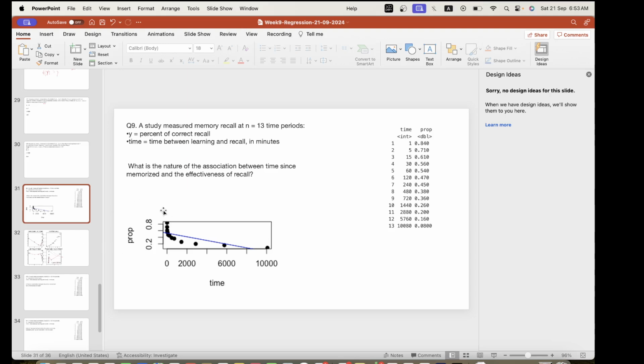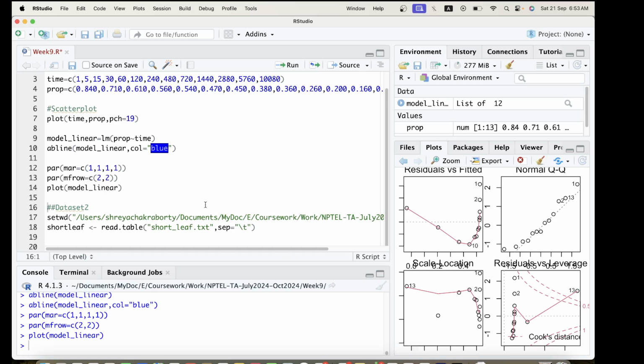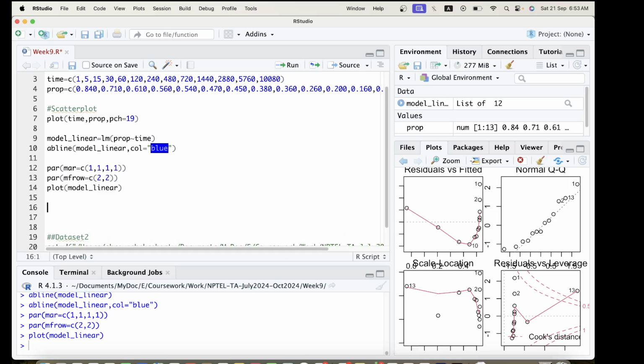So for this non-normal thing, let us first find out what happens if we take a log transform of the x values, that is, a log transform of time. Let me first plot. Instead of time, I'm going to plot log of time against prop.